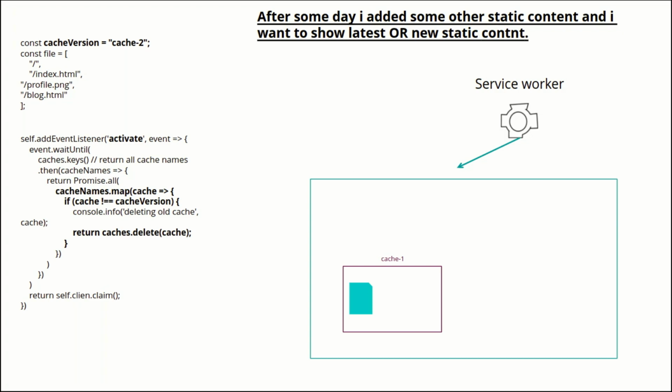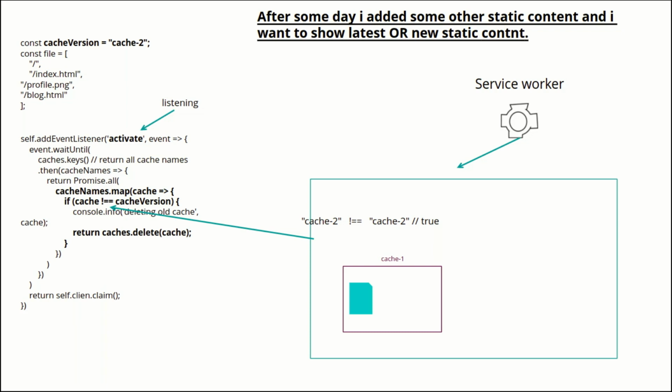First see the activate event, which is an event the service worker listens to. As you can see, there is the code cache not equal to cache version. So first focus only on the cache version. Cache version is, as you can see, cache2.